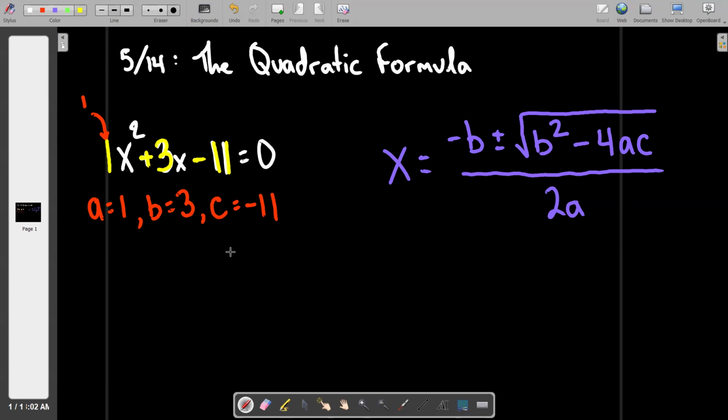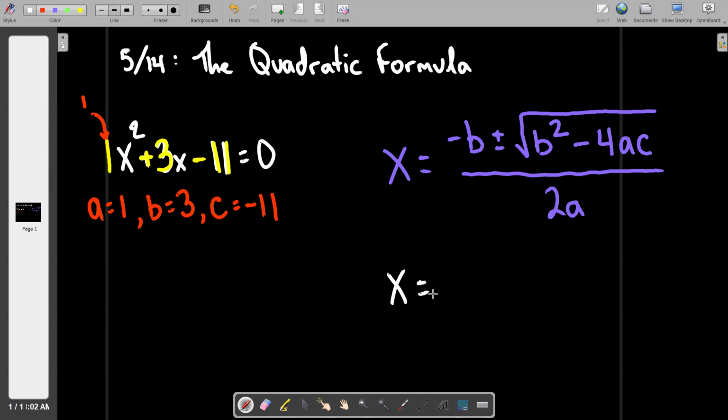So we begin. We're trying to figure out what the solutions to this equation are, and we certainly couldn't factor it, so we're going to plug it in and go full bore into that big purple formula. So we write x equals, and we're off and running. What's the first thing we're going to put? Negative 3, right? The quadratic formula does start out with negative b, but in reality we're just doing the opposite of b.